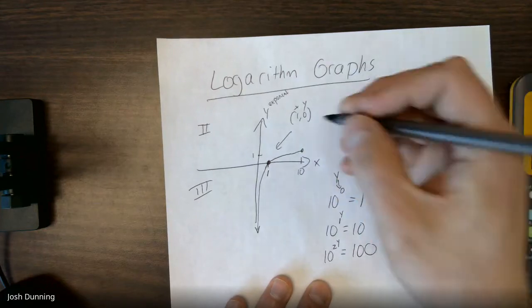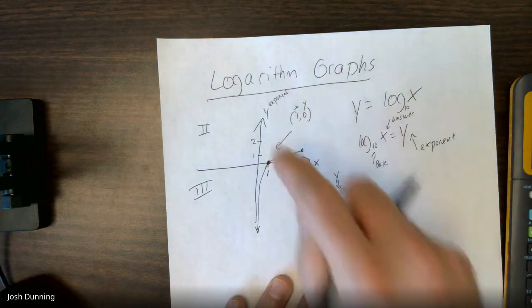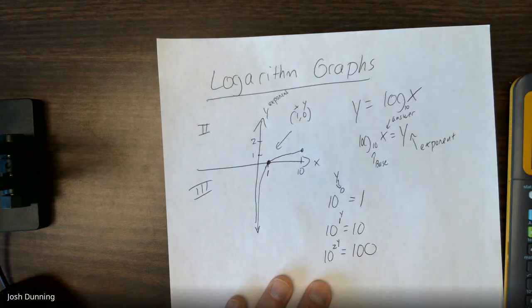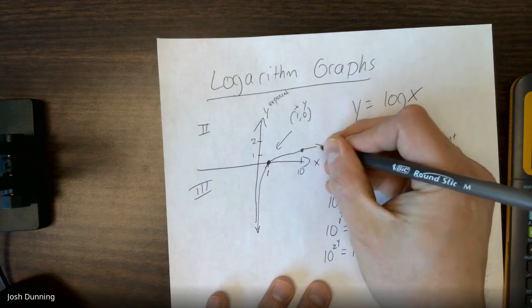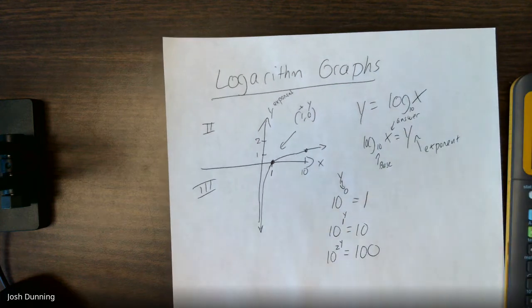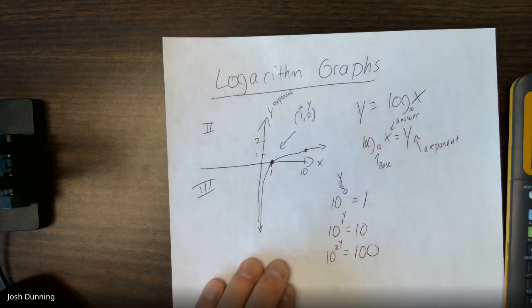So I'd have to go all the way out to 100 just to hit 2. And yeah, that's less if your base is smaller than 10. But for base 10, we'd have to go all the way out to 100.